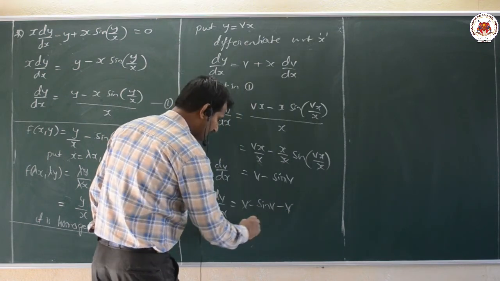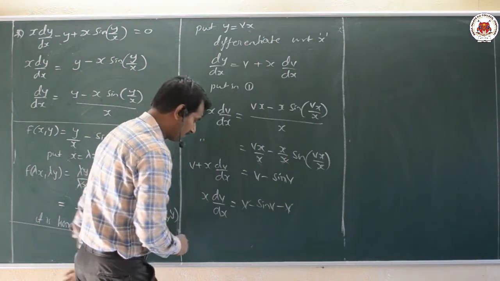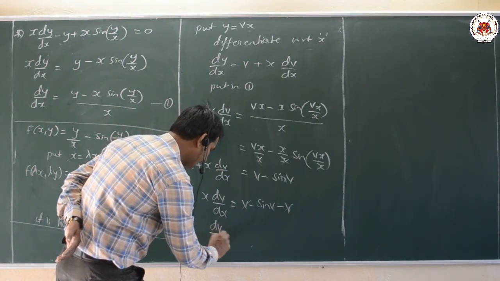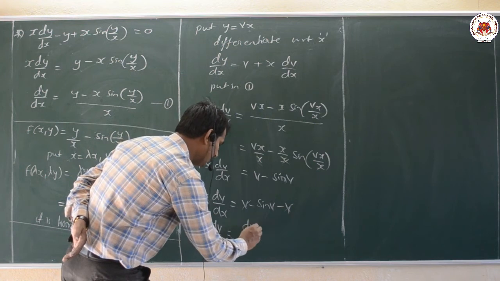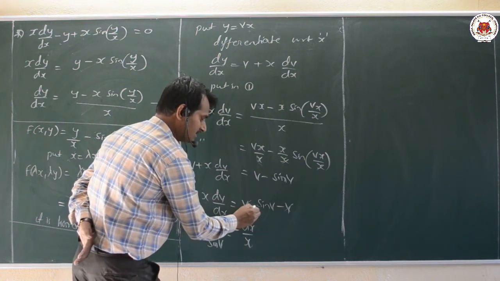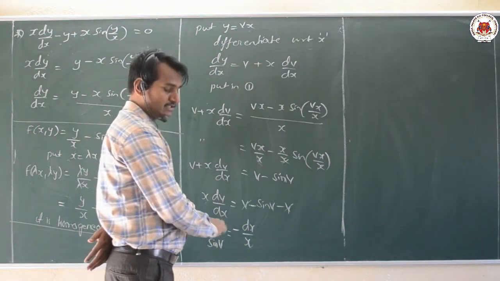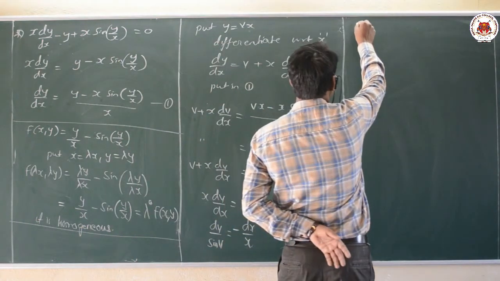So here v gets eliminated and we can cross multiply, that is dv divided by sine v equal to dx divided by x, and the remaining sign is minus. That is nothing but our variable separable form.